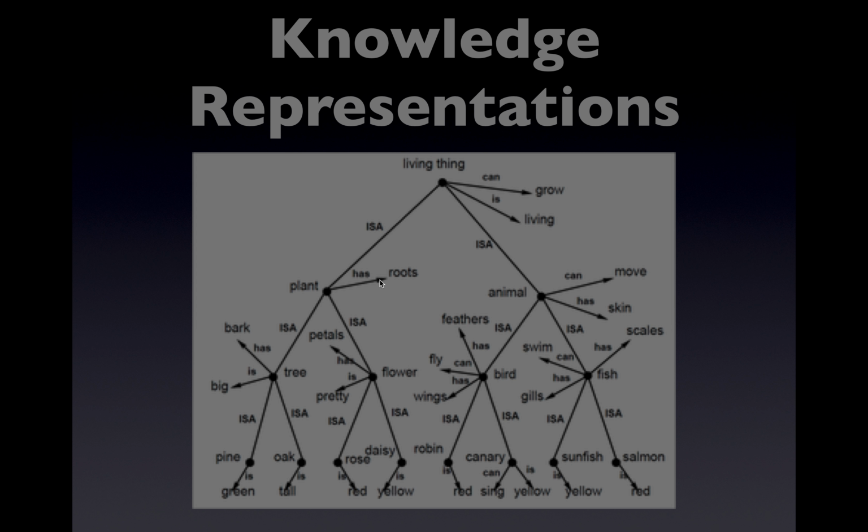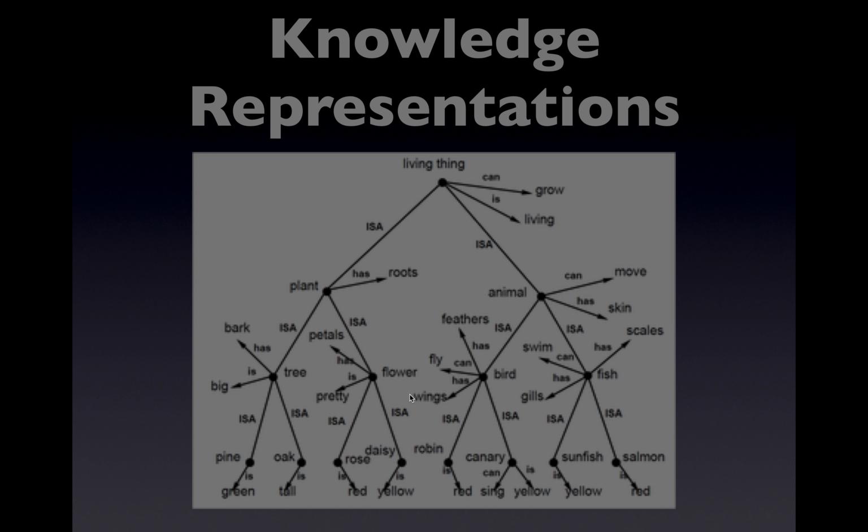So it makes sense for me to store the idea of roots one time at the node for plant, rather than also at tree and also at flower and also at rose and also at daisy, if that makes sense. So it would be efficient to just store the idea of roots at the higher order concept of plant rather than storing it many times at all the different kinds of plants. Okay, so that is just a proposal about a reasonable and efficient way to store this kind of information.